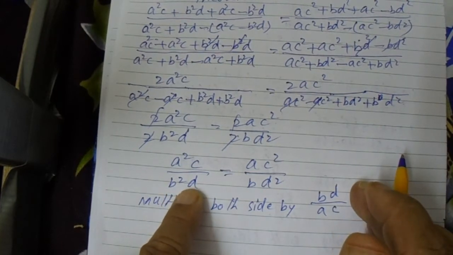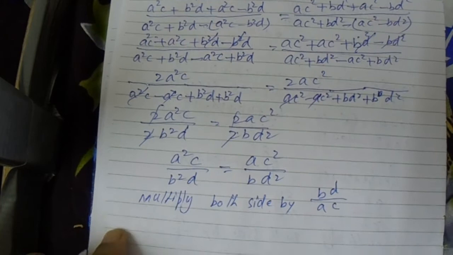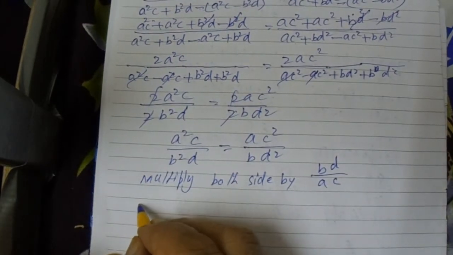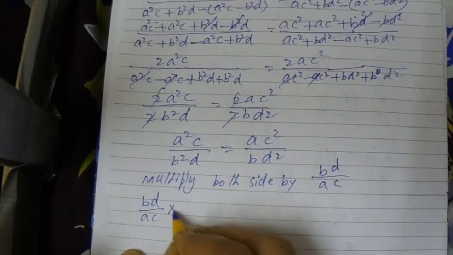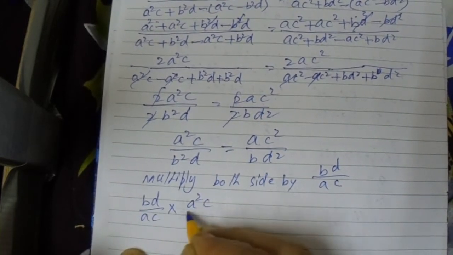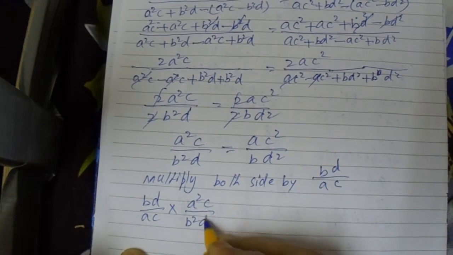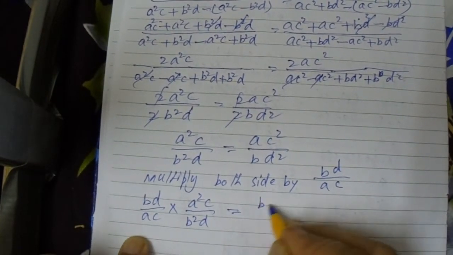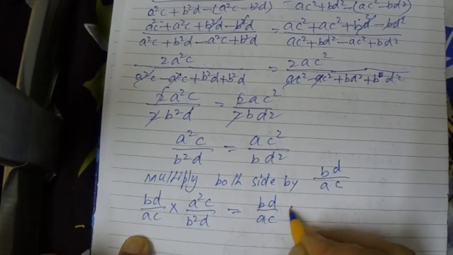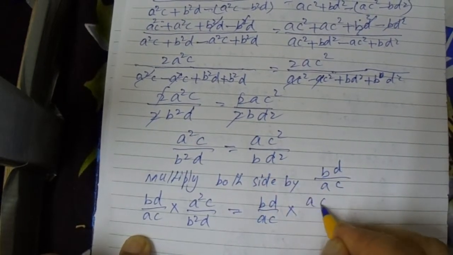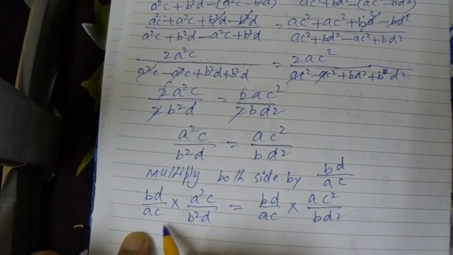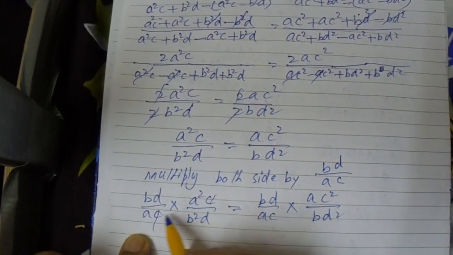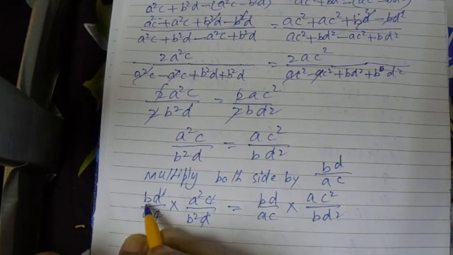Now BD over AC multiply A square C over B square D is equal to BD over AC multiply this AC square over BD square. Now C will cancel this and D will cancel this and single B this cancel or A this cancel.